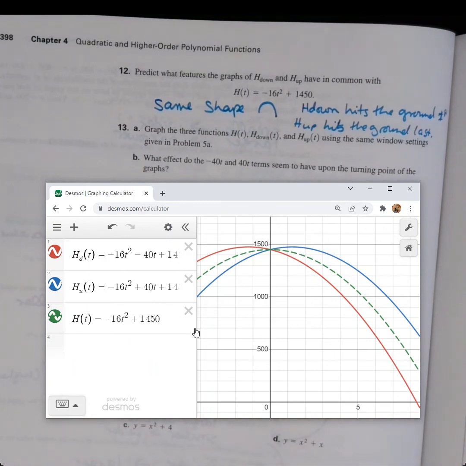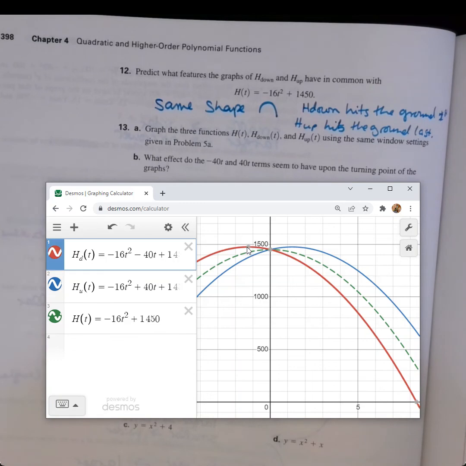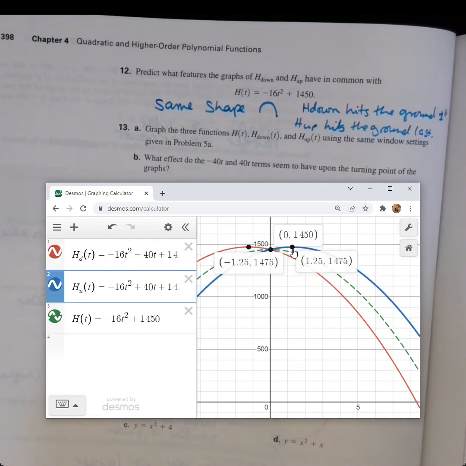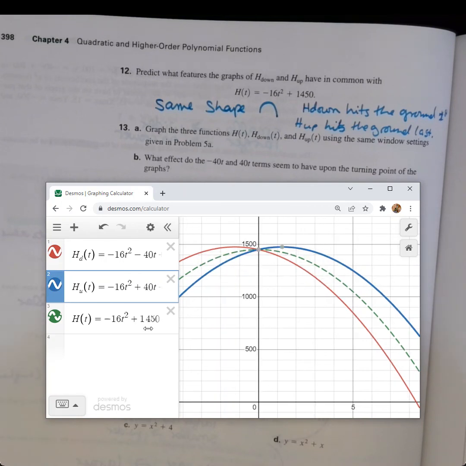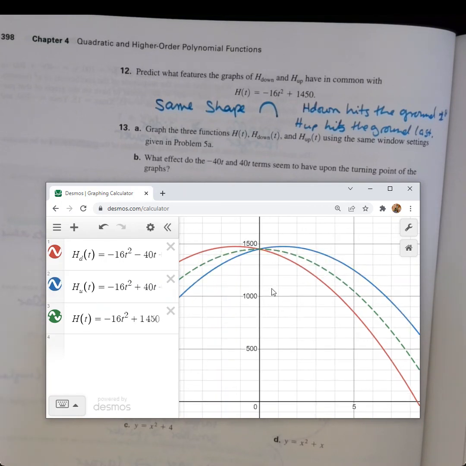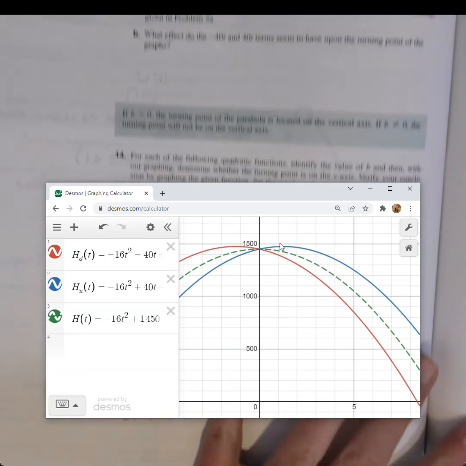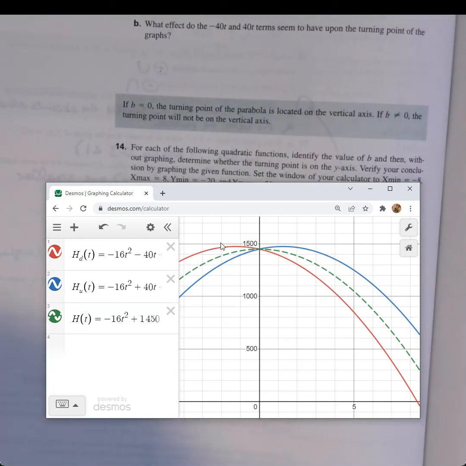What effect do the negative 40 and the positive 40 terms seem to have upon the turning point of the graphs? The turning point is the point at the top of each of the graphs. It appears to shift it to the left and shift it to the right. That would be my prediction. So the turning point shifts to the left and shifts to the right.